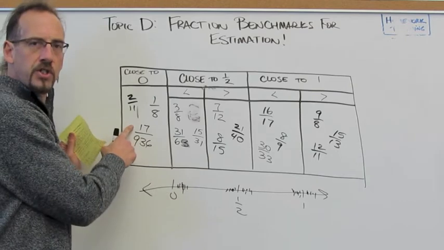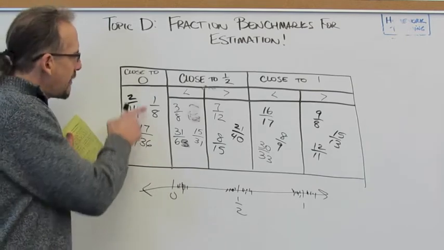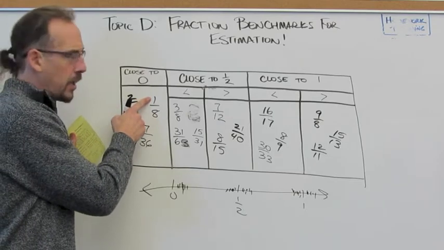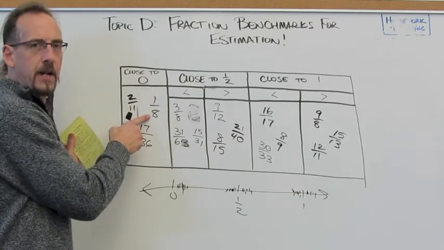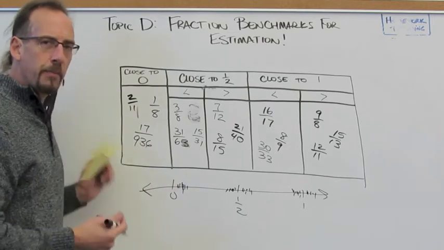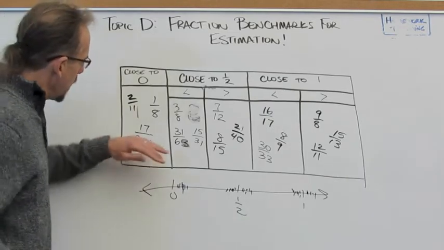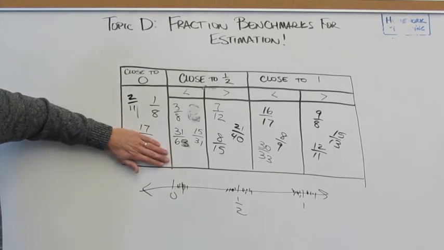Fractions that are close to 0 have a numerator that is very small compared to the denominator. It's really important that we talk about that part about how it's compared to the denominator. Because if we just look at that, 17 is not really a very small number.